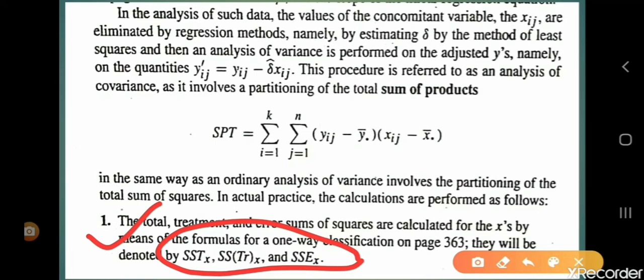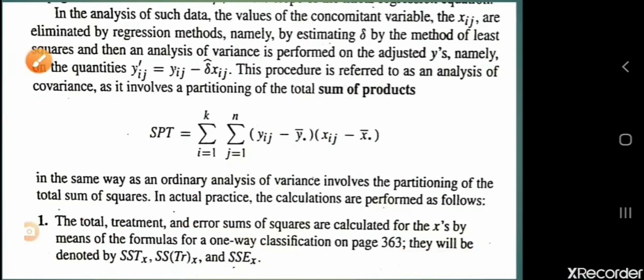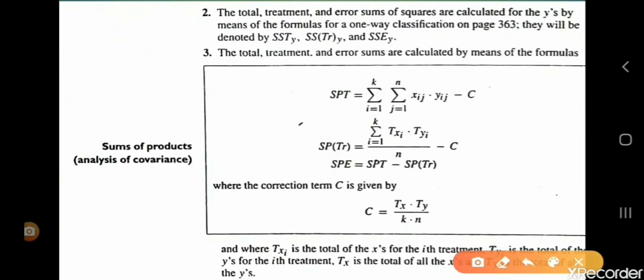The similar formula will be used for these calculations for x. Next, we'll calculate the treatment, total and error sum of square for y, with the similar formula that we use for one way ANOVA. That's why we have not written the formulas here.